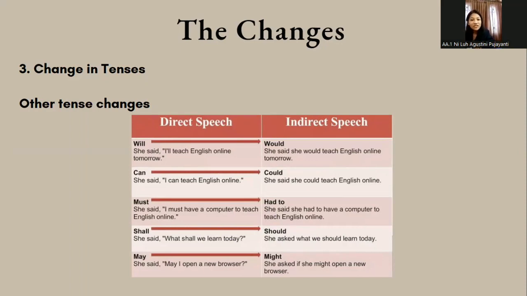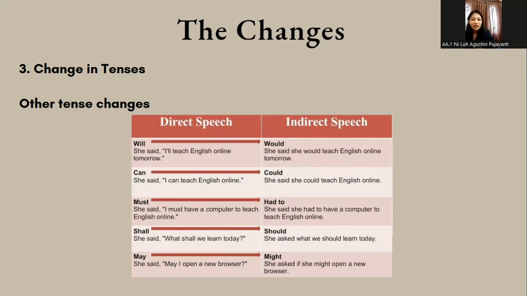And indirect speech, it will be, she said she could teach English online. Must into had to. Example, she said, "I must have a computer to teach English online." And indirect speech, it will be, she said she had to have a computer to teach English online.